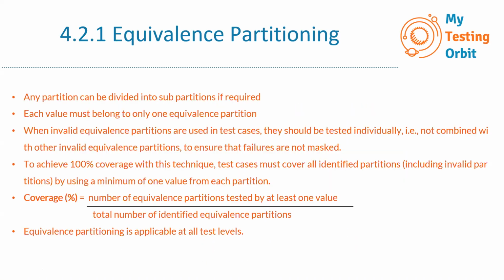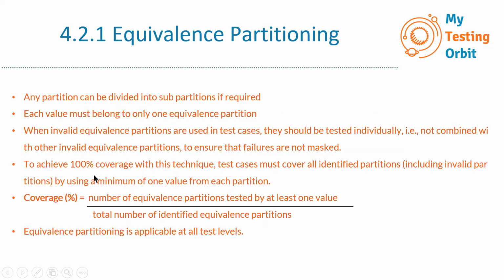Okay, so the next point is that to achieve 100% coverage with this technique, test cases must cover all identified partitions, including invalid partitions, by using a minimum of one value for each partition. Our aim for testing is maximum test coverage.